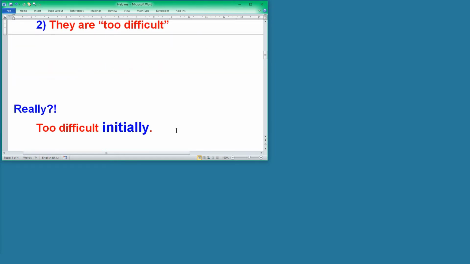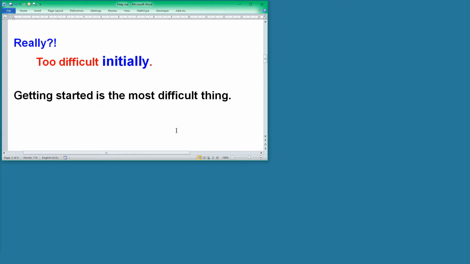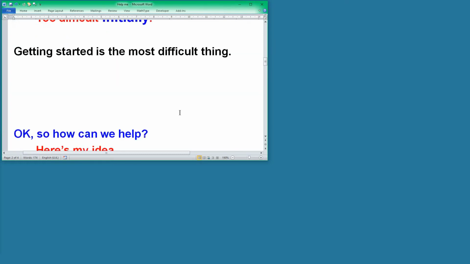But I would say that they are too difficult initially. So getting started is the most difficult thing, but once people get started, then they're off and they find it's not that difficult, and they add another macro and another macro and they get on okay.